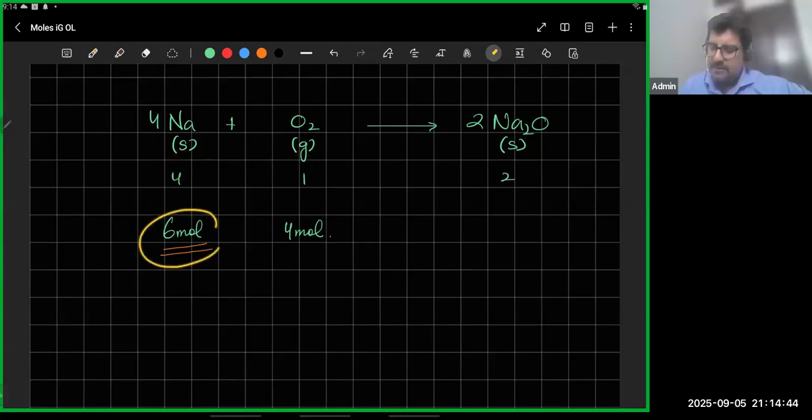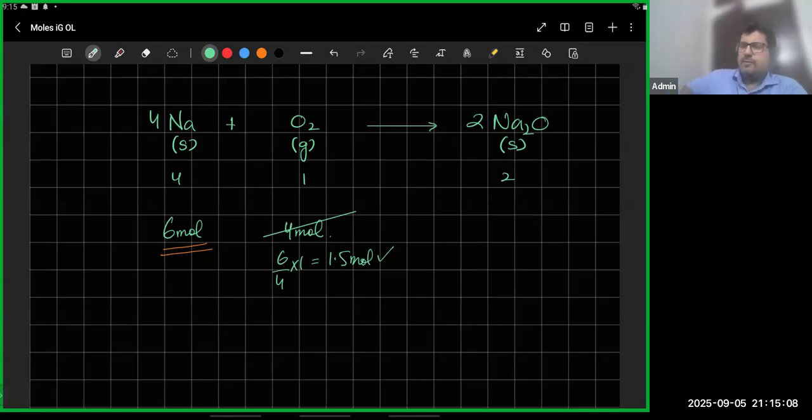Yes, so 6 divided by 4 times 1, and that's going to come out to be 1.5 moles. So I just needed 1.5 moles. I did not need 4 moles. So the excess one, you're going to cut it out, because in this reaction, 6 moles of sodium will only need 1.5 moles of oxygen. You don't need 4 moles. Is that clear?